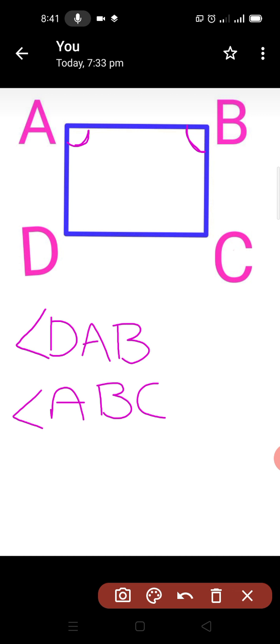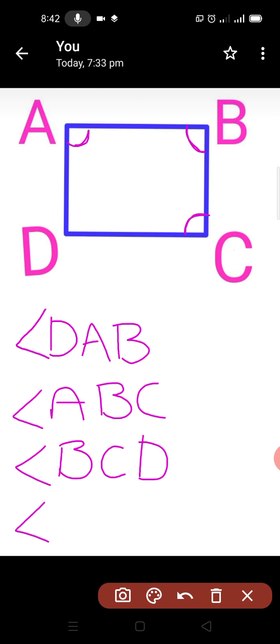Next one, angle BCD, means angle at vertex C here, and then finally angle CDA, which means angle at vertex D, like this. These are the four angles of the quadrilateral ABCD. They may be briefly written as angle A, angle B, angle C and angle D also.